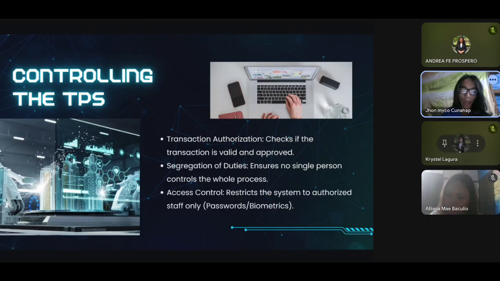So I will no longer explain these terms. However, these controls are very important sa computer processing things because when we talk about the computer-based accounting system, ang process niya is very paspas jud, and we really need strong rules and regulations with that. These controls are what keep the company's financial information reliable and protected.